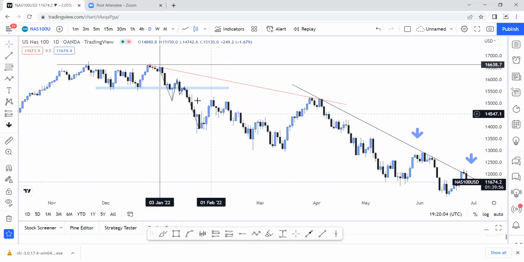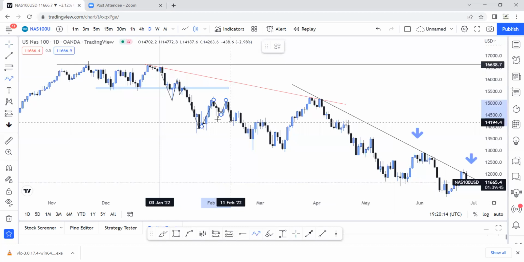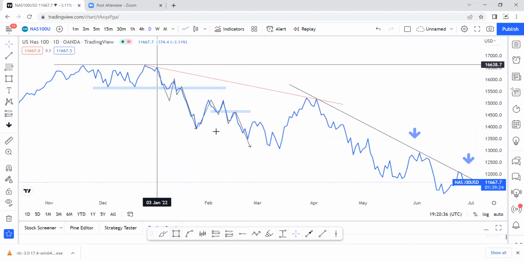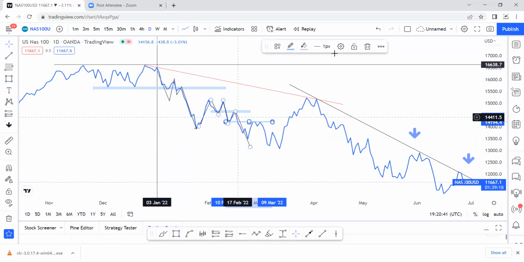Now we can see that again it tried to move back up, which means it went up, created a double top, and broke the resistance here and retested the support here, and made a resistance retesting the support, which is here, right? Break and retest. And if you look again, we have another break and retest here. I hope it makes sense.